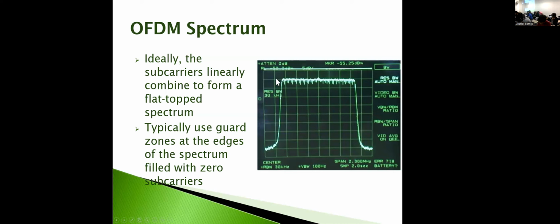And we fill the edges of the band with zero values, right? That helps because, as I was starting to say, we're going to have another channel right next to this one, another one right next to that one, and we want to minimize any interference because of some non-ideal linearities in our system, non-linearities, or some inadequate filtering.